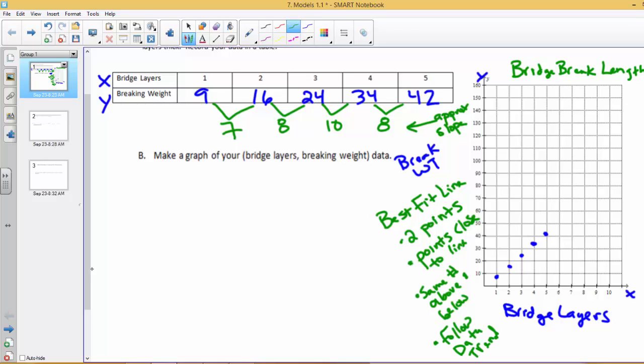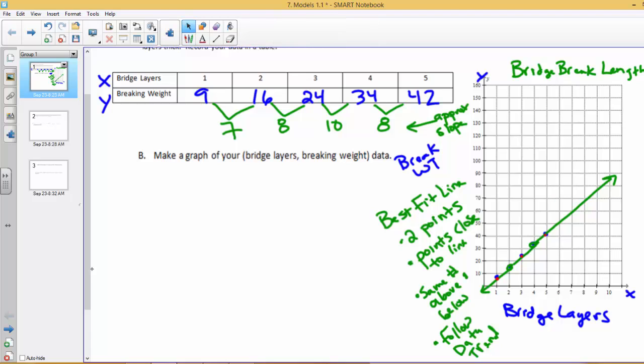So it might not be linear. This one definitely looks linear, but it might be a best fit curve, so you need to follow the trend of your data. So in order to draw a best fit line, you want to pick 2 points, and it doesn't matter which 2, as long as about the same number of points are above and below. It hits 2 points, and the dots are as close to the line as possible. What I mean by that is the difference, the dot away from the line, is not very big.